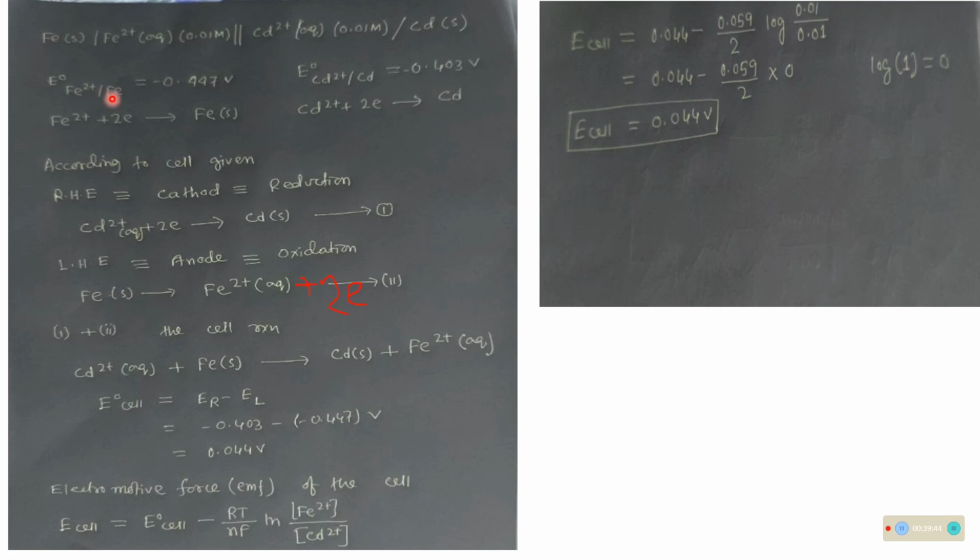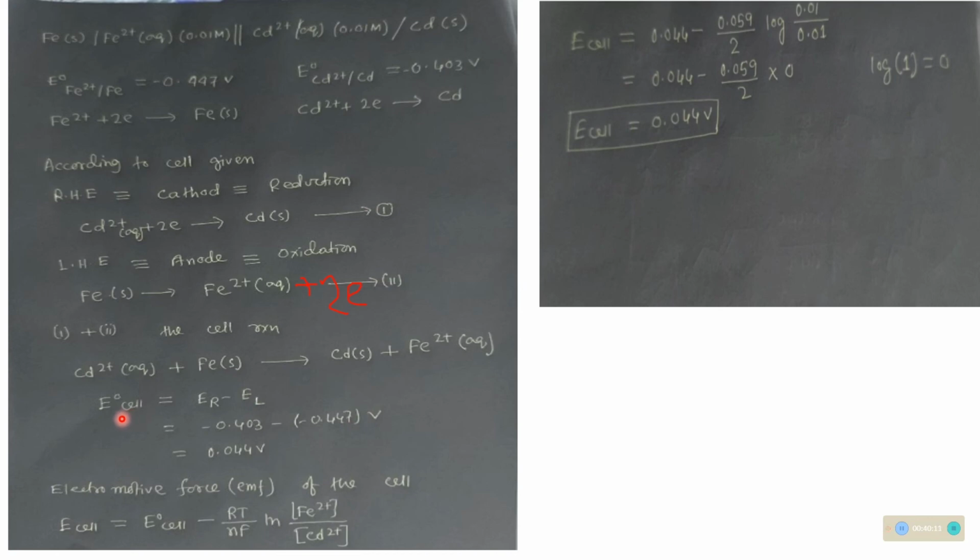See, for cadmium 2 plus it is minus 0.403 and for the other it is minus 0.447, so the less negative one is higher. Since this E0 value is higher, reduction will occur there, and that is considered the right hand electrode or cathode.